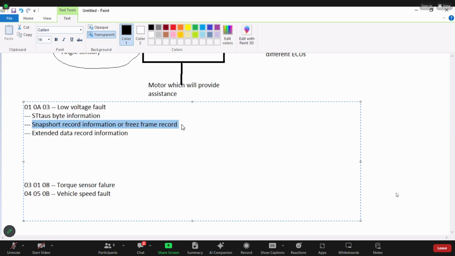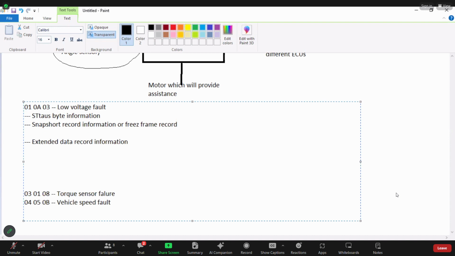So what do you mean by snapshot record? When a DTC is stored, when this low voltage fault was detected, or let's consider a torque sensor failure, when this failure was detected by the ECU, what was the vehicle speed at that time?